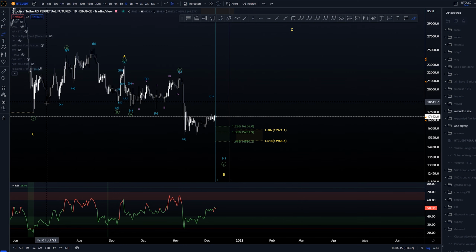So both of those I feel like are definitely the max targets here. So for this scenario, we would need the B wave to retrace quite a bit higher for us to be having any kind of possibility for this C wave to be high enough and not invalidate the whole idea here.